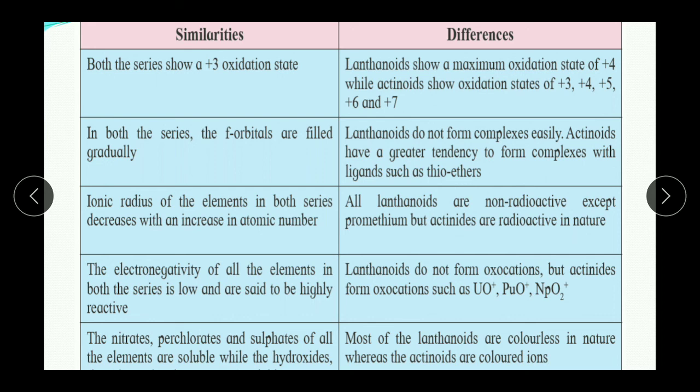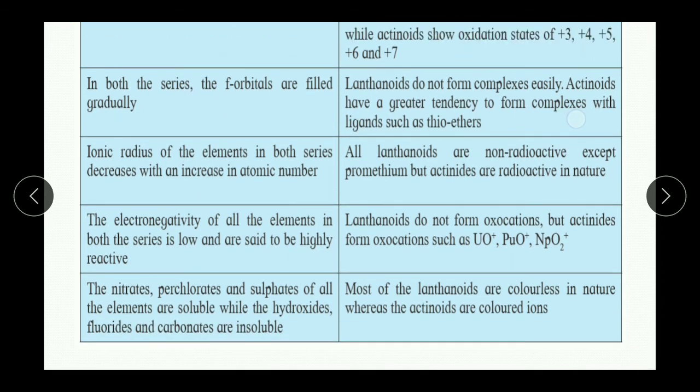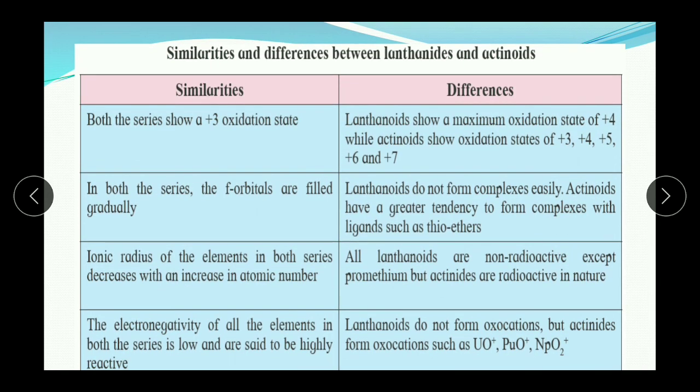So, actinides have a tendency to form oxocations. Now, if we compare the color of the elements, then most lanthanides are colorless, while actinides are colored ions. So, these are the similarities and differences between lanthanides and actinoids.